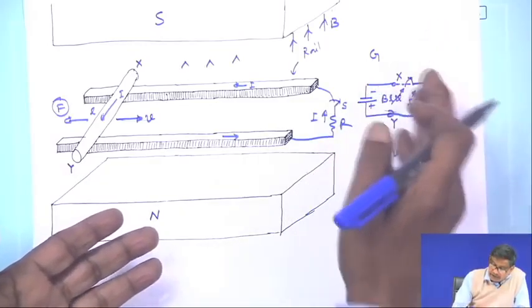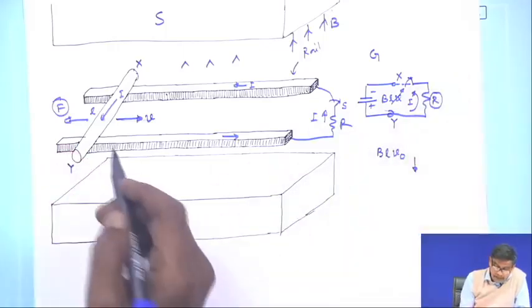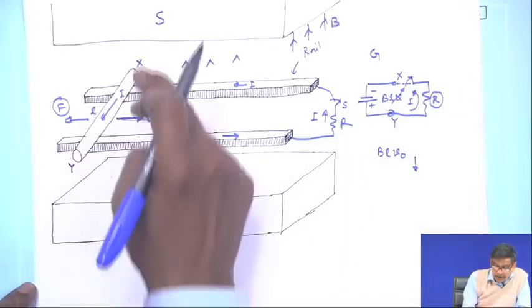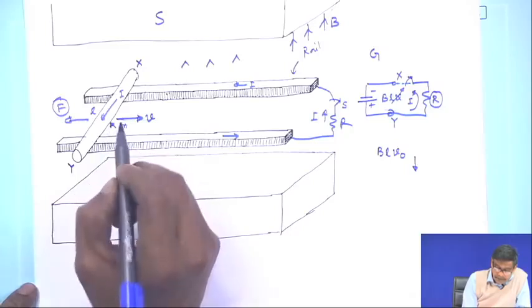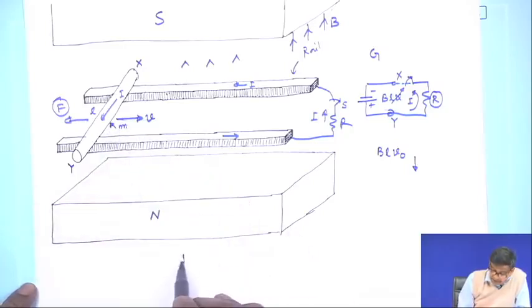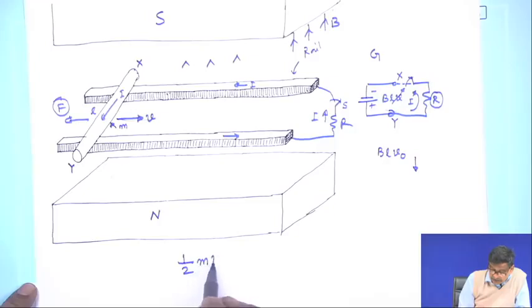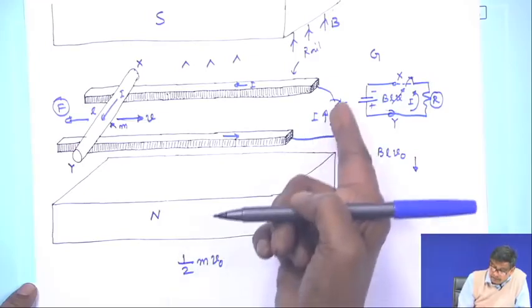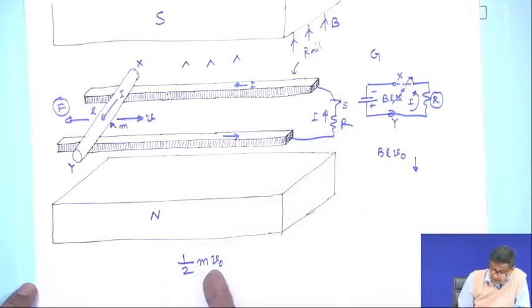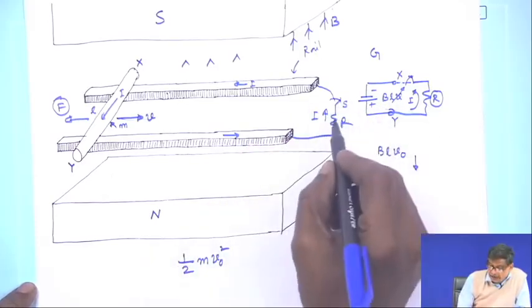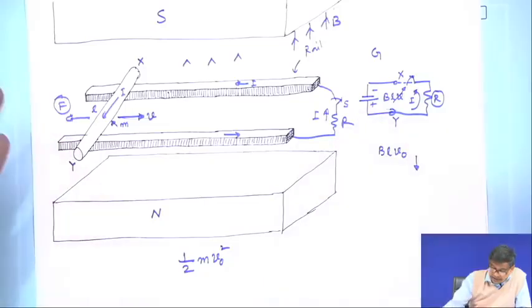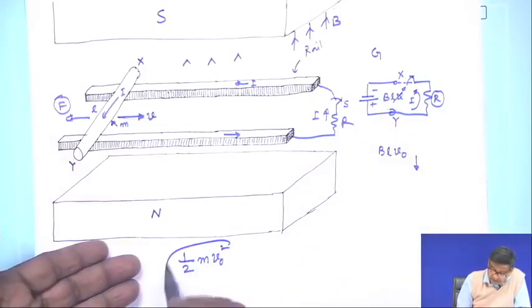The amount of energy which you can have has to come from the stored energy of this bar. Its mass is m and its initial velocity was v naught. Suppose just before closing the switch, velocity was v naught, this was the energy stored, and if you calculate the integral of i square R dt, it has to become this one.